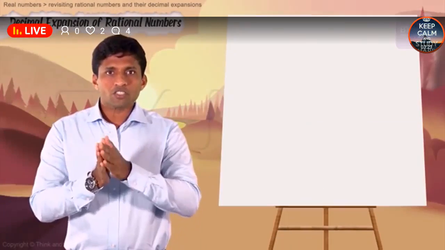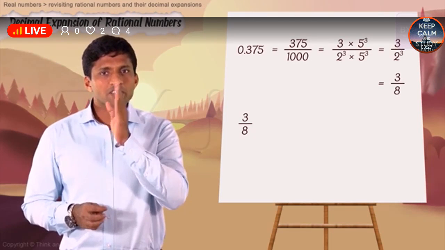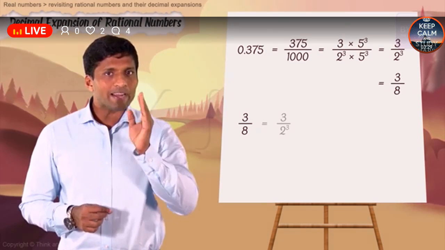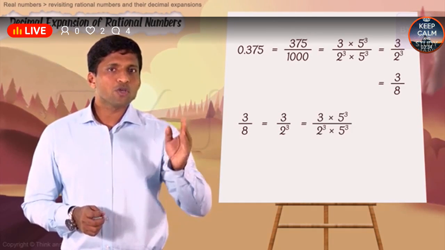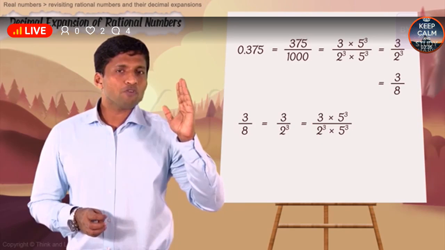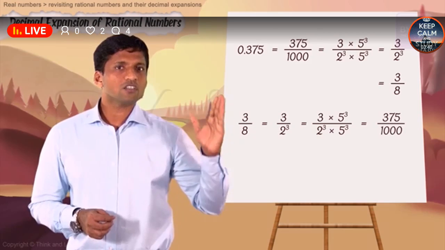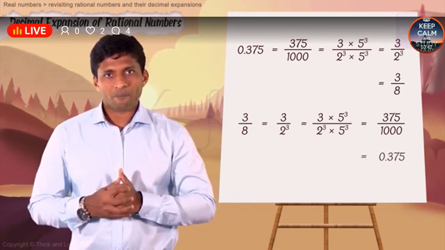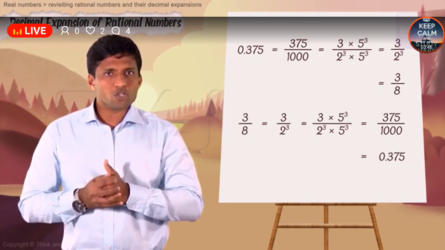If you think in reverse, the other way around, take the same example, 3 by 8. You can write it as 3 by 2 cube, multiply by 5 cube in the numerator and denominator, so you'll get 3 into 5 cube, which is 375, by 1000, so you'll get 0.375. You can look at other examples also.